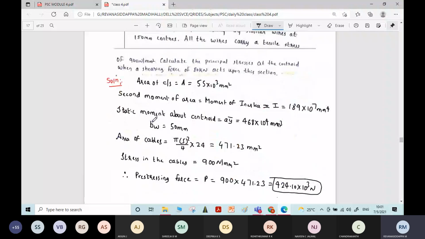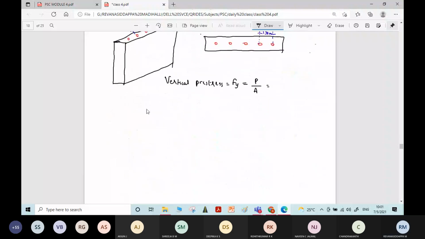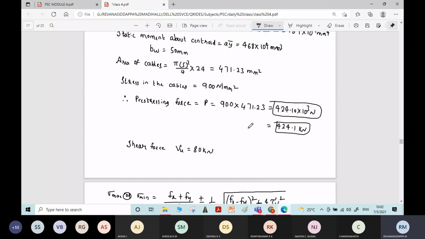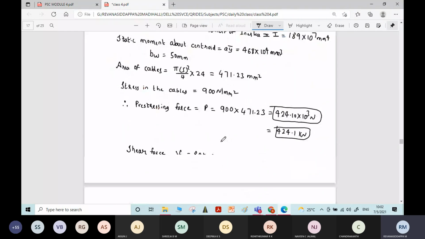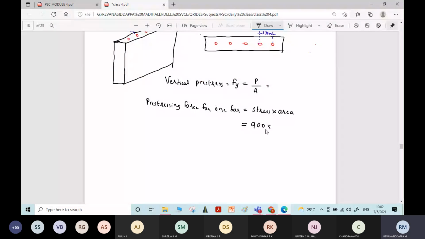Okay, so the pre-stressing force for one bar is equal to stress into area. Stress in the bar is given as 900 Newton per mm square, into area of one bar, which is 5 into 5 square divided by 4.